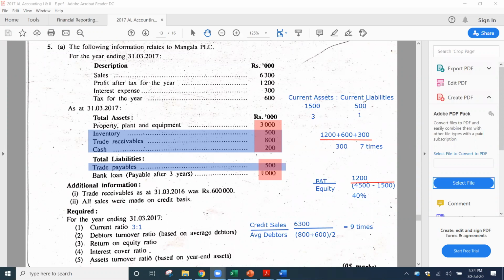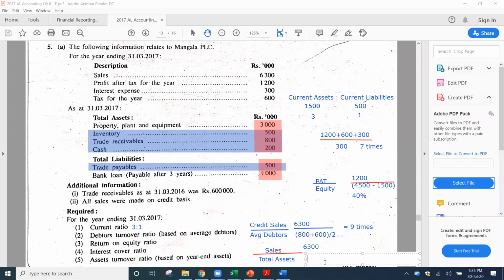So we did interest cover. Asset turnover ratio based on year-end assets. Asset turnover: how many times an asset becomes sales, which is equal to sales over total assets. Sales value is 6,300.